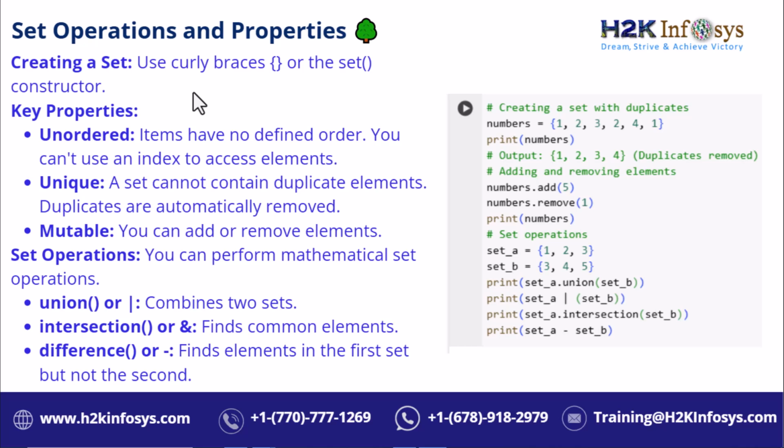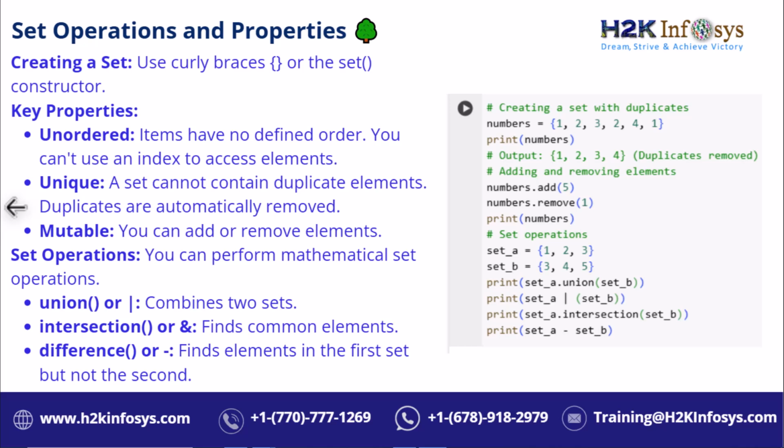If you store data in one format, you will not get the result in the same way you have stored it. So you can't use an index to access the element here. It contains only unique values. It deletes the duplicate elements. It is mutable. That means you can add an element or remove an element here.